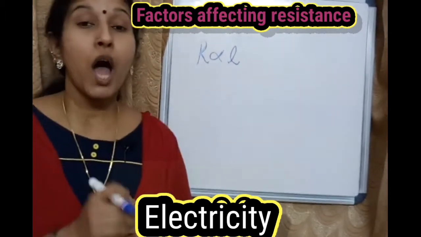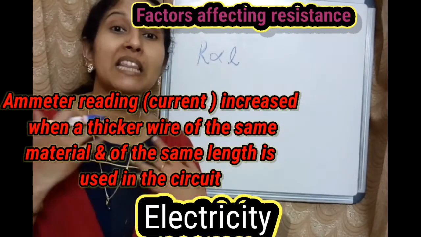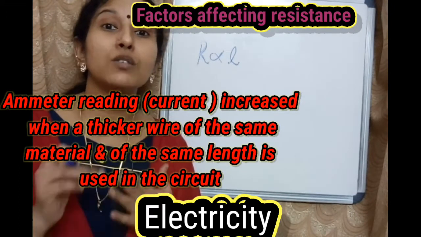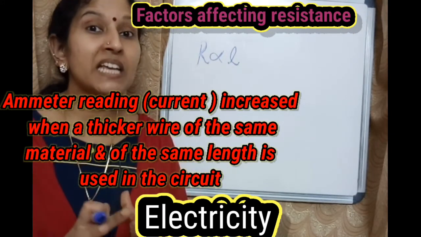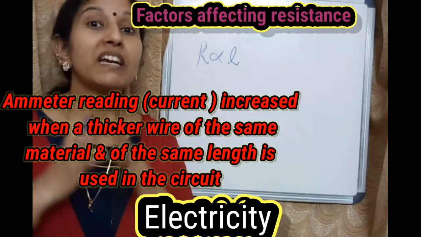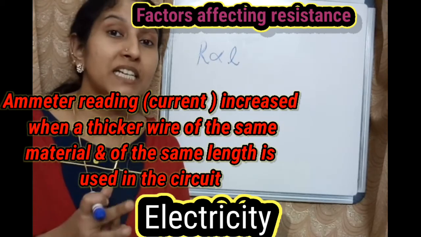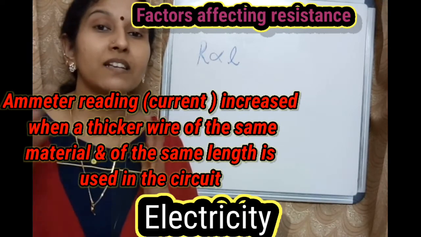Next one: the ammeter reading increases when a thicker wire of the same material and the same length is used in an electric circuit.